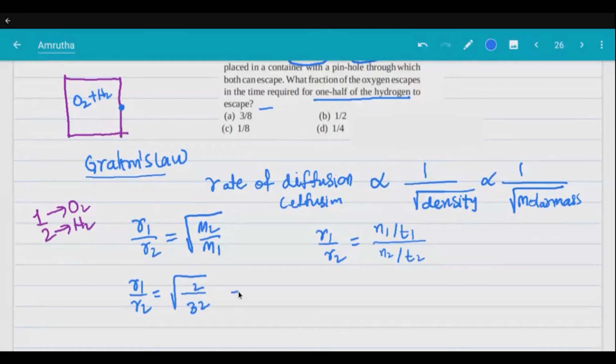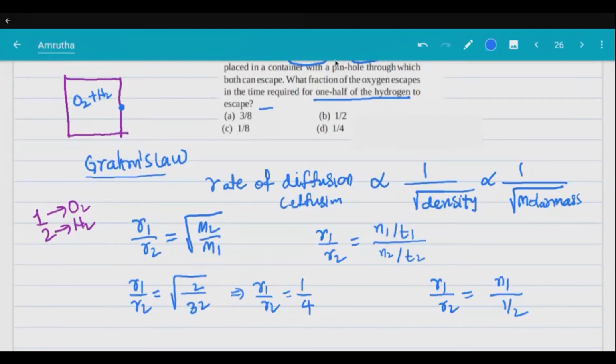So R1 by R2 is equal to 1 by root 16, 1 by 4. Fine. Now R1 by R2 equals N1 by N2 also. This fraction is given, 1/2 of hydrogen. N1 by N2, second gas is hydrogen, 1/2 of hydrogen to escape, 1 by 2.